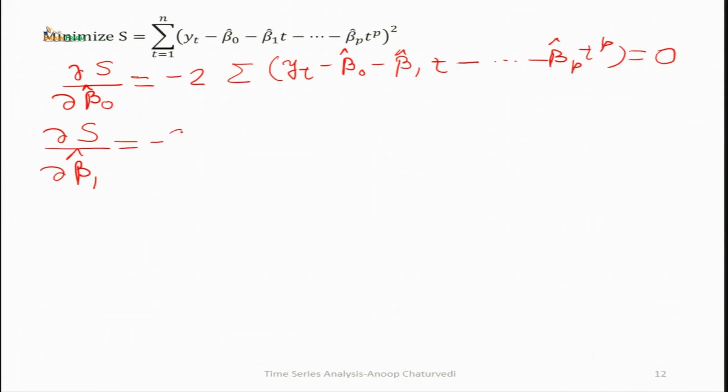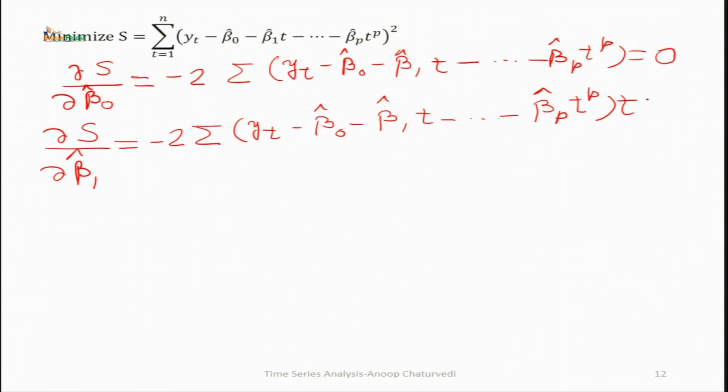So, again you get -2 times summation y t minus beta naught hat minus so on, and when we differentiate inside you get t here, equal to 0 and so on.